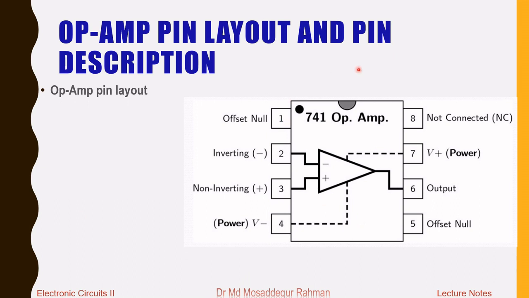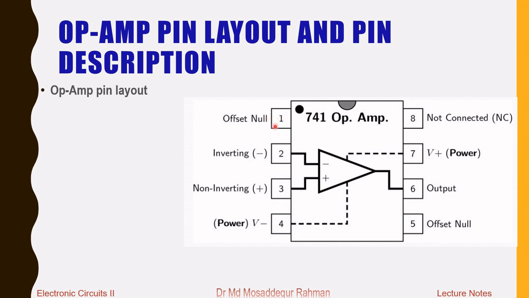This diagram here is known as the pin layout for the op-amp IC chip. You can see the IC chip, this square, and on top of it we have this notch, or we have the dot. We can have either a notch or a dot, and that tells us how to count the pin numbers.